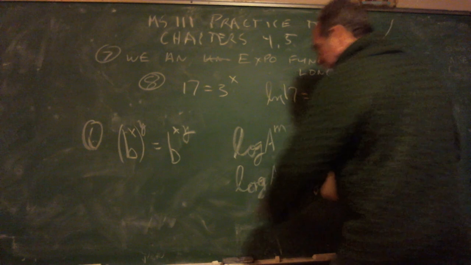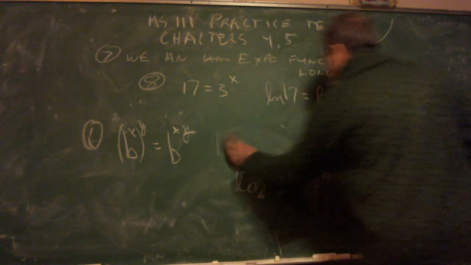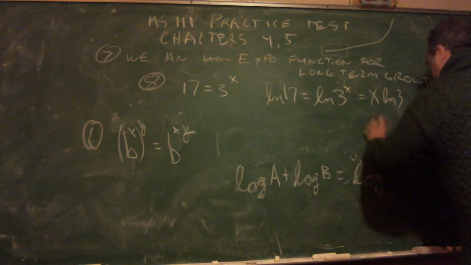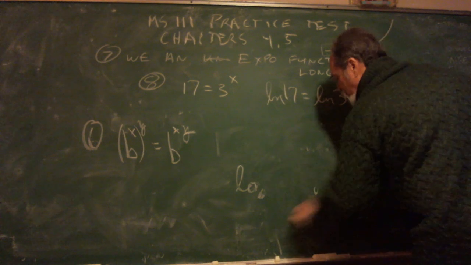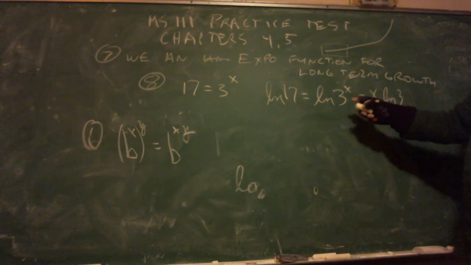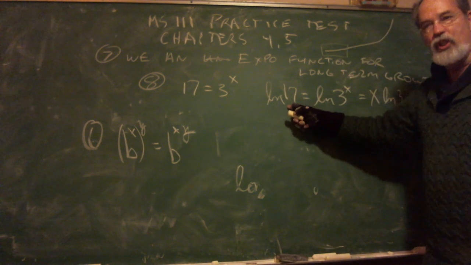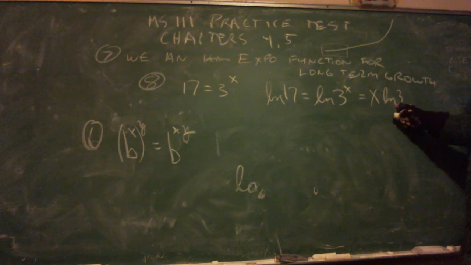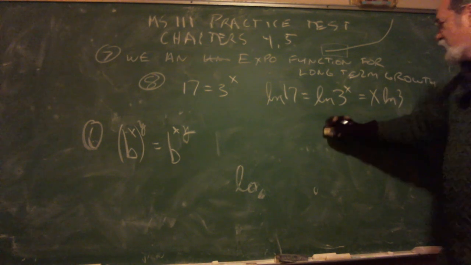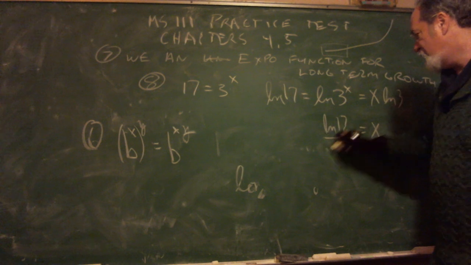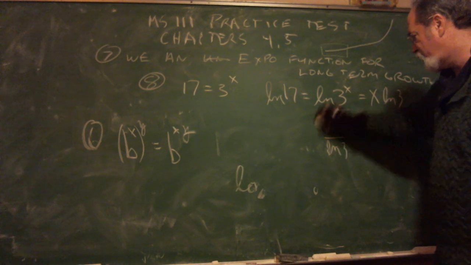So that means that x is equal to natural log of 17, which is just a number, divided by natural log of 3. X equals the natural log of 17 divided by the natural log of 3, which is a fine answer.